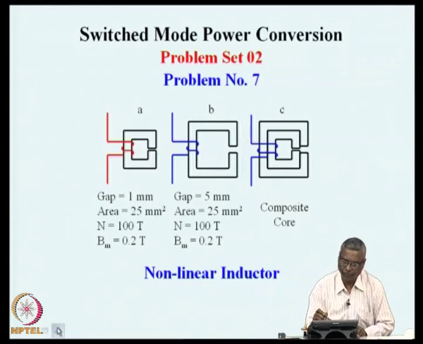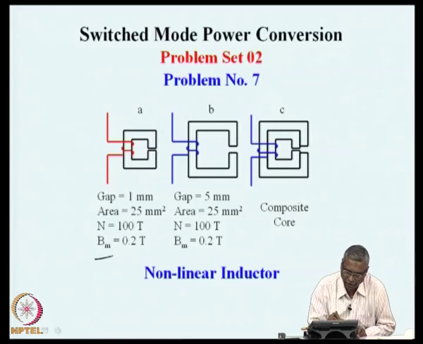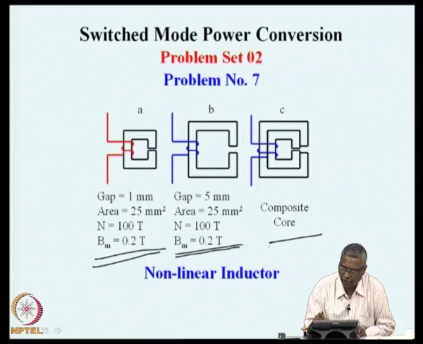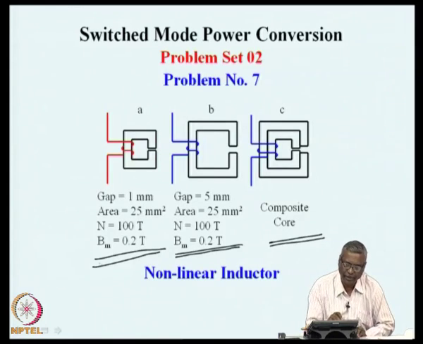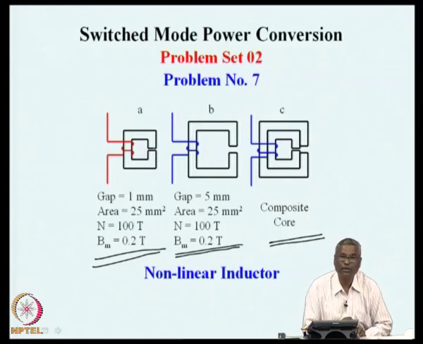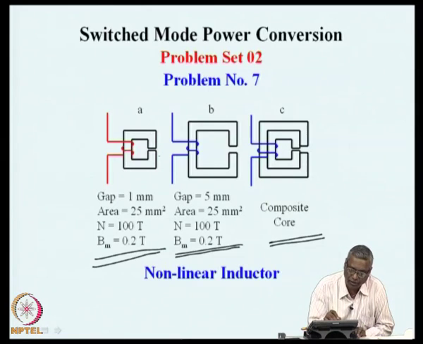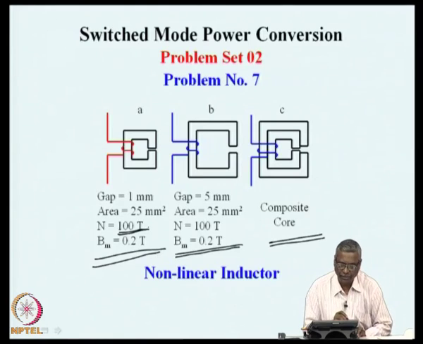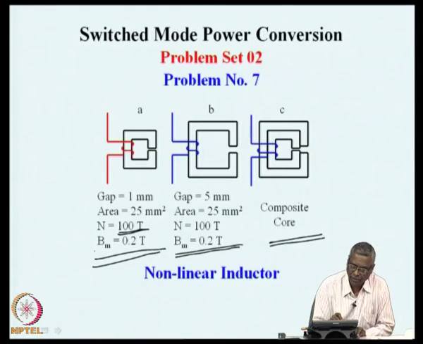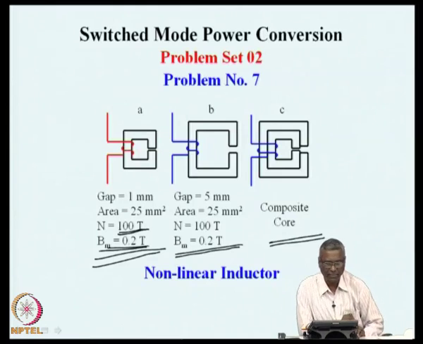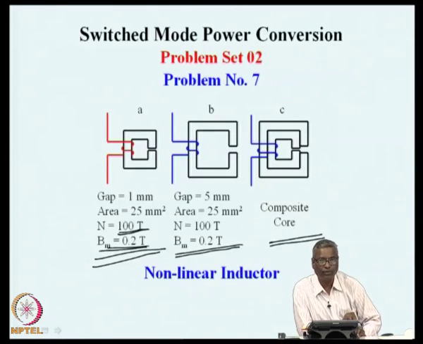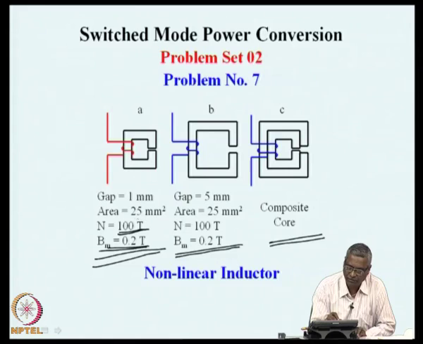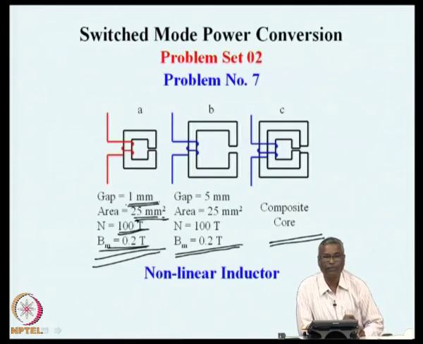Now, you have here totally 3 magnetic circuits, 1, 2 and 3, A, B and C. In circuit A, you have a simple core which is wound with 100 turns, and the material that is used for the core has a maximum flux density limit of 0.2 Tesla, and the area of cross section of the core is given to be 25 millimeter square, and the core has a gap of 1 millimeter.